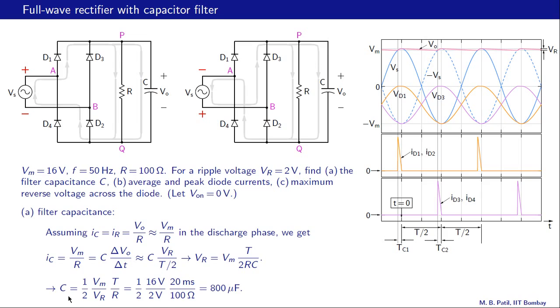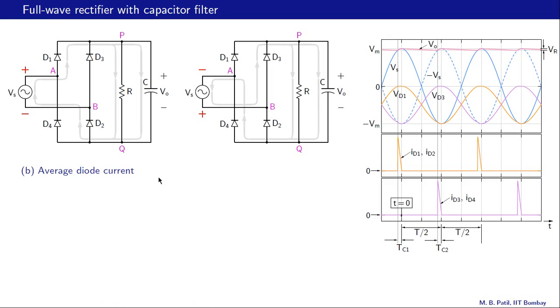And the capacitance is now Vm by VR times T by 2R. This half is new here. It was not there in the half wave rectifier, and when we substitute all the numbers, we get 800 microfarads. What about the average diode current?